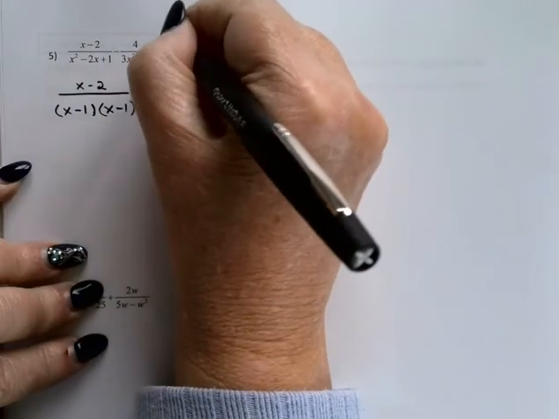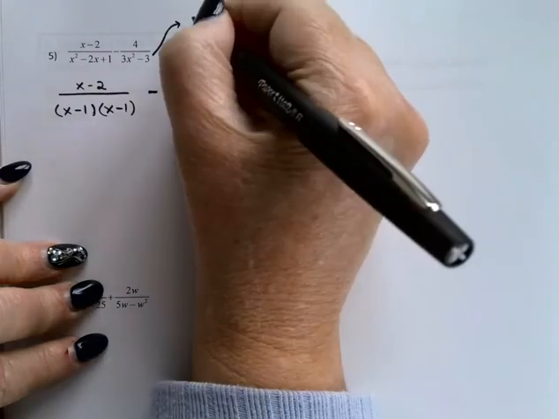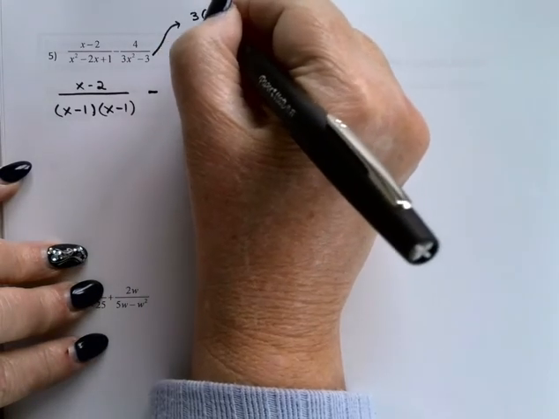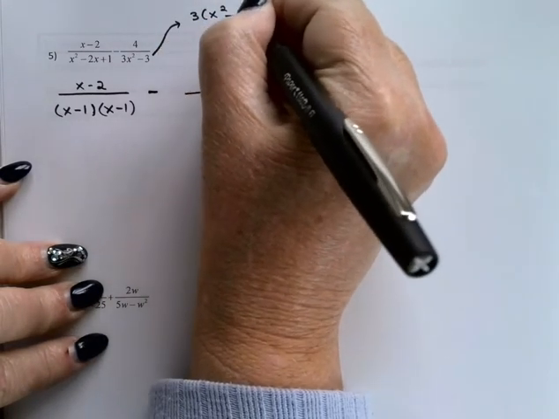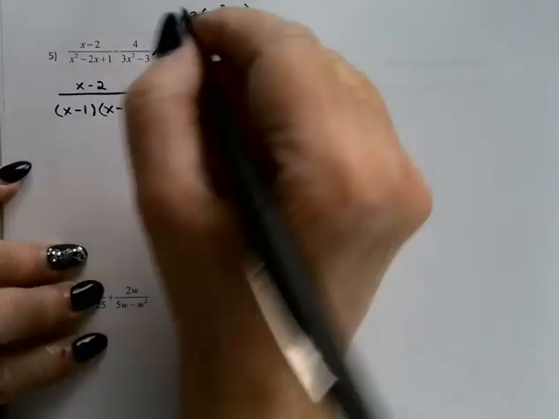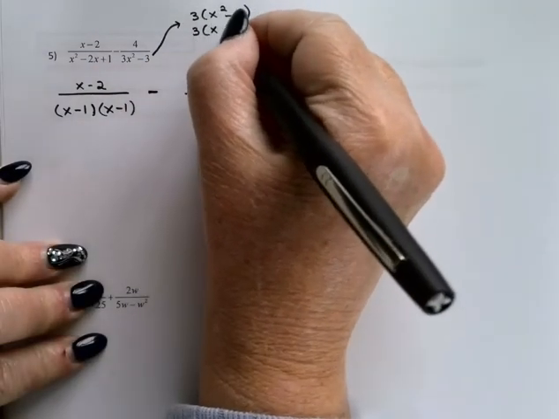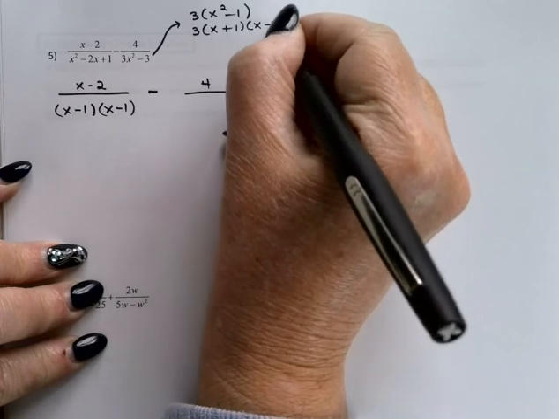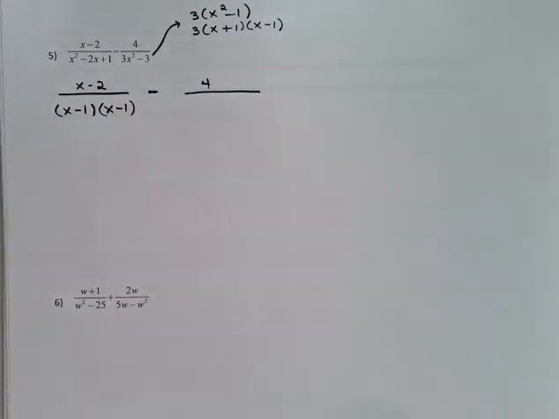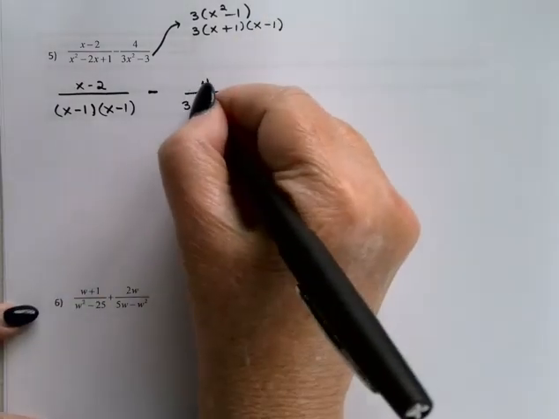This one's going to take just a little bit of extra work. It's 2 steps, so let me write it out up here. It's 3 times x squared minus 1. But then I would have to finish factoring by the difference of squares. 3 times x plus 1, x minus 1.